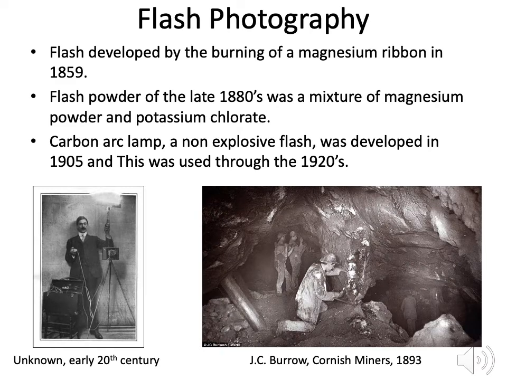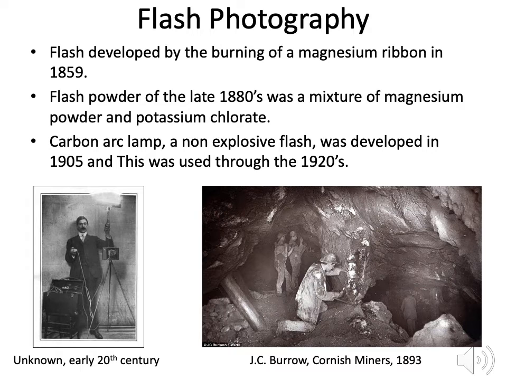So flash photography started. It was the burning of a chemical, magnesium ribbon. It started in 1859. So if you see old movies and somebody's holding up this large thing and then they light it, they have a clicker and they light it and a big flash of light is exposed, that's what I'm talking about right here, okay?